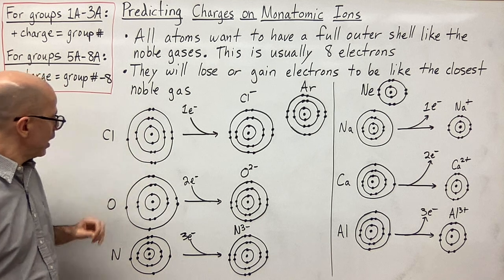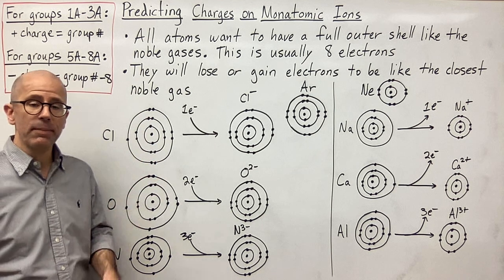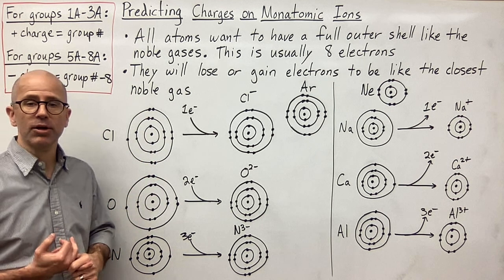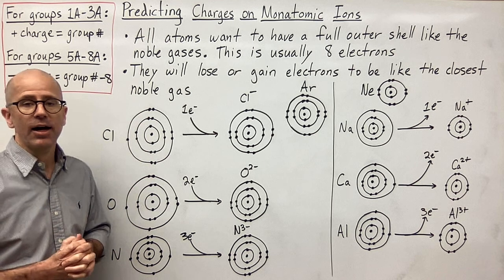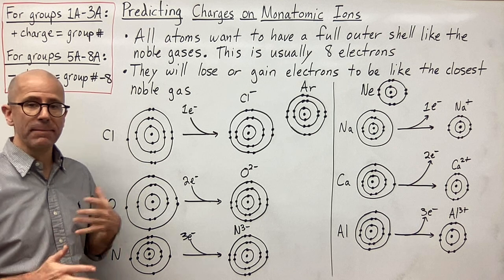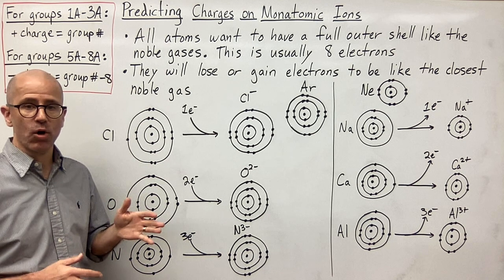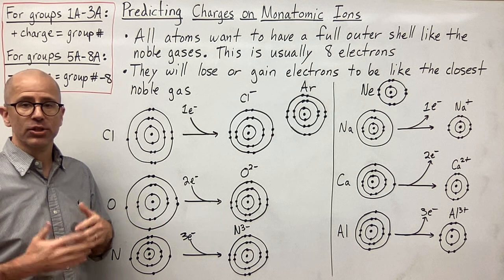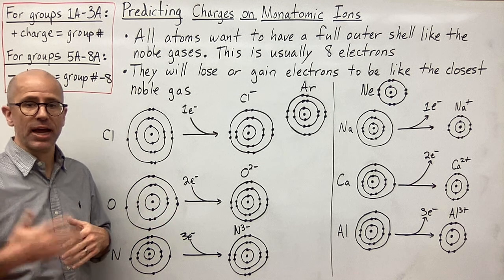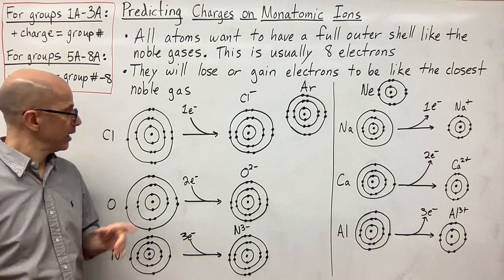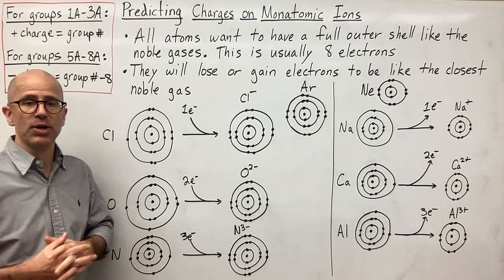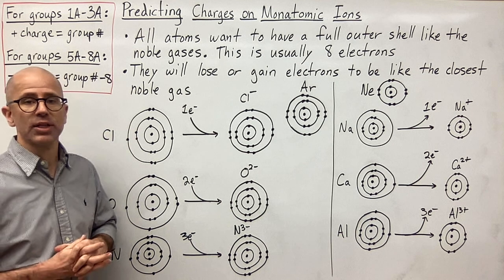That's 7. And then also remember that the group number, the A number, for the main group elements, so 1A, 2A, 3A, 4A, all the way to 8A, that group number corresponds with the number of valence electrons.